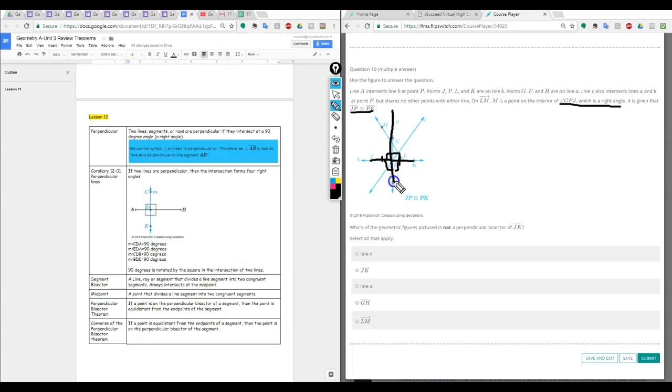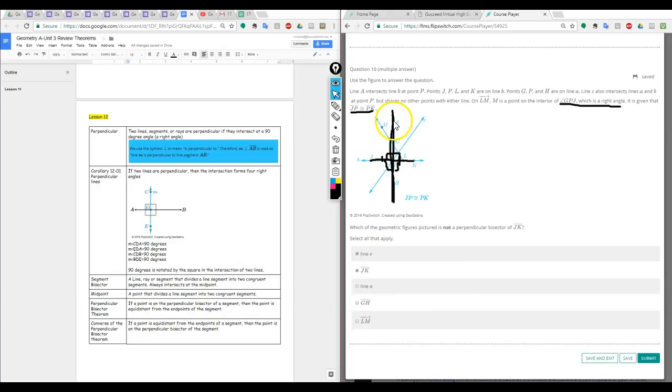So line A and any segment that is on line A is going to be a perpendicular bisector. So is line C part of line A? No, so it's not a perpendicular bisector. Is segment JK part of line A? No, segment JK cannot be a perpendicular bisector to itself.